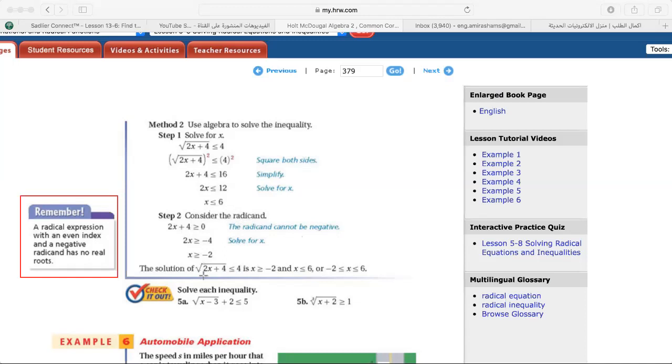So the solution of square root of 2x plus 4 less than or equal to 4 is x greater than or equal to negative 2, and x less than or equal to 6, or x is greater than or equal to negative 2 and less than or equal to 6. Okay.